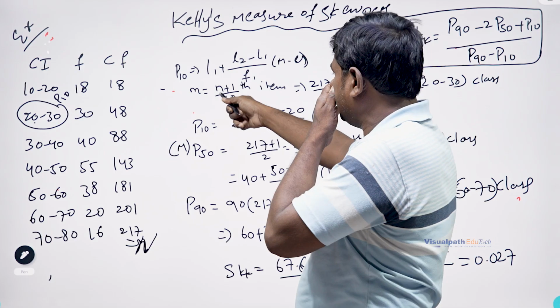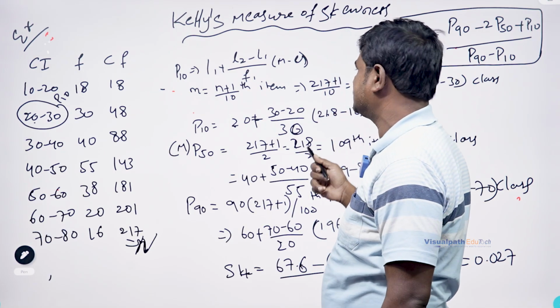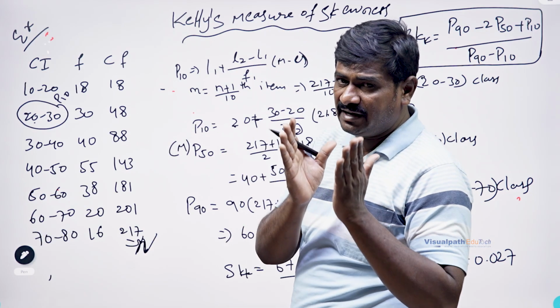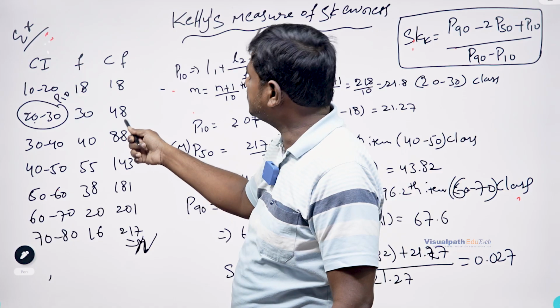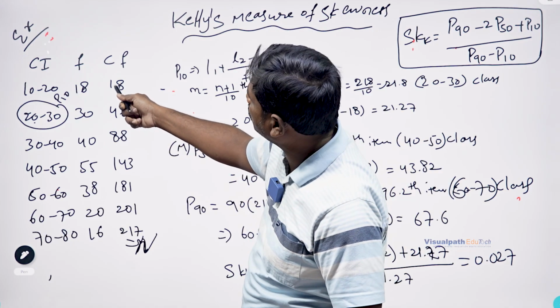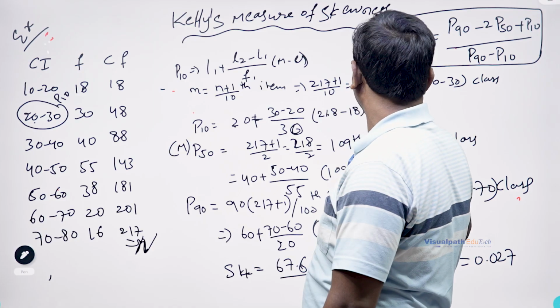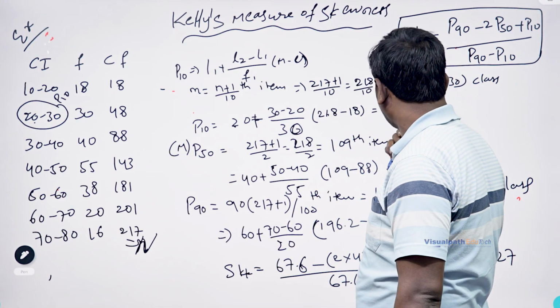M is the (N plus 1) by 10th item, that is 21.8, minus 18. 18 is the cumulative frequency preceding this class. So P10 is equal to 21.27 after calculating these values.